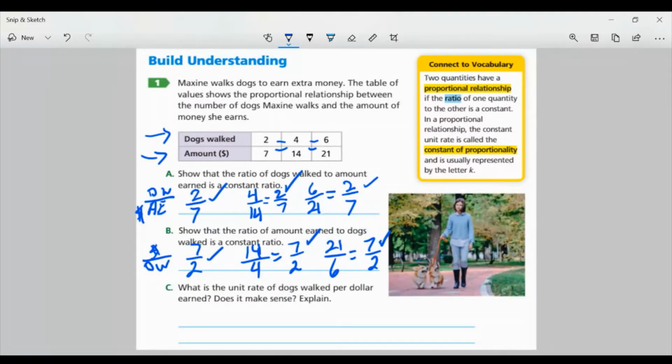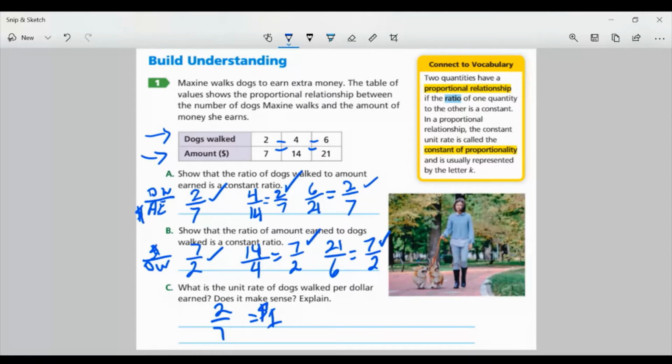For part C, what is the unit rate of dogs walked per dollar earned? Right? And does it make sense? Well, we know it's 2/7, right? That's the ratio. So for every 2/7 of a dog, you're going to get $1.